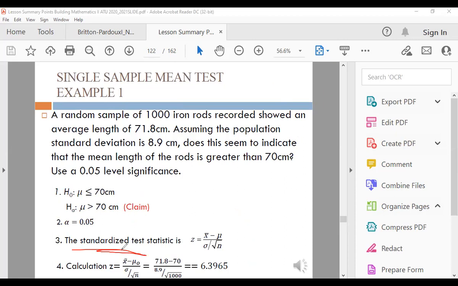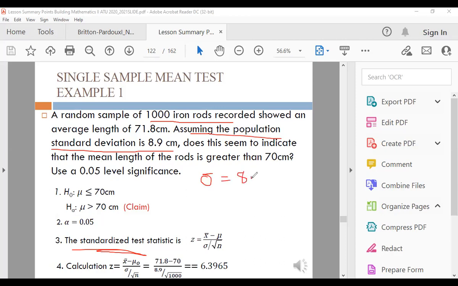So when we look at this, it says a random sample of 1,000 iron rods. N is 1,000 with an average length of 71.8. So X bar is 71.8. Assuming the population standard deviation, you can see that the population standard deviation, sigma, has been given.